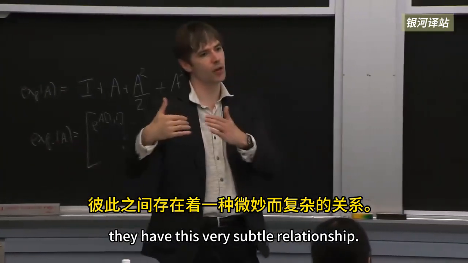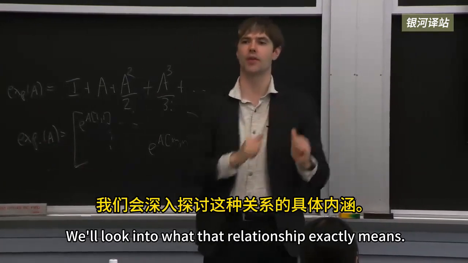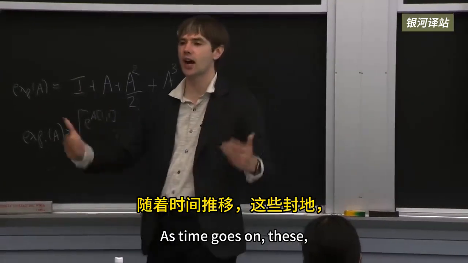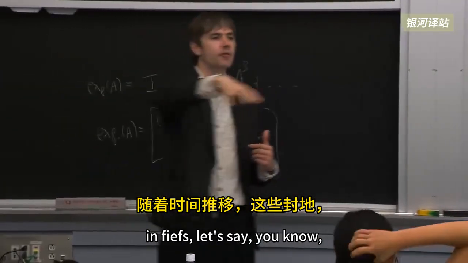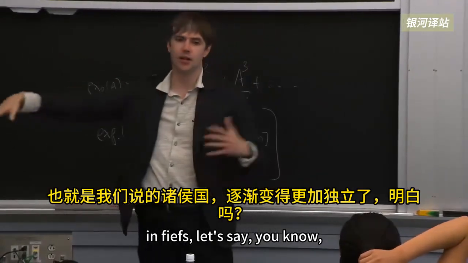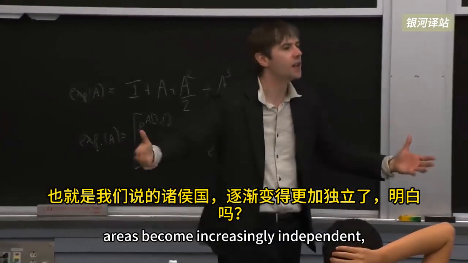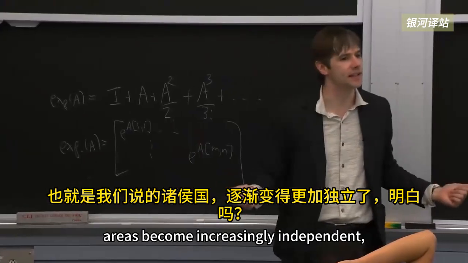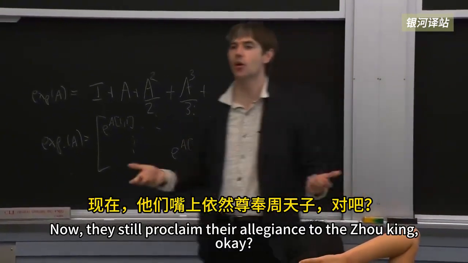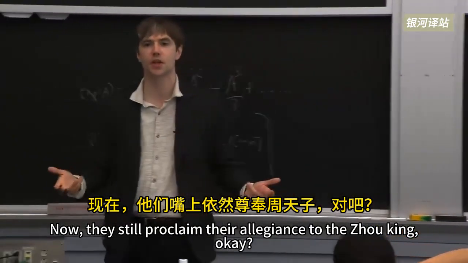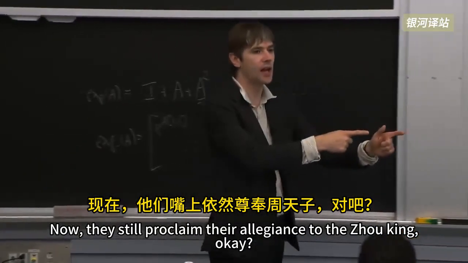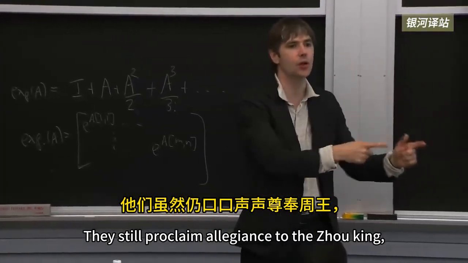They have this very subtle relationship. We'll look into what that relationship exactly means. As time goes on, these enfiefed areas become increasingly independent. Now, they still proclaim their allegiance to the Zhou king.